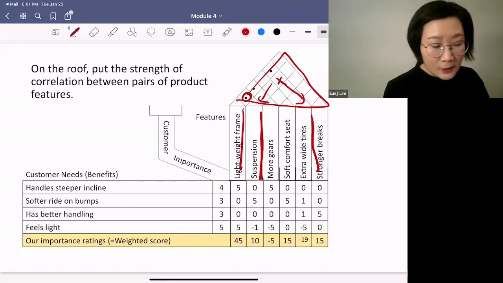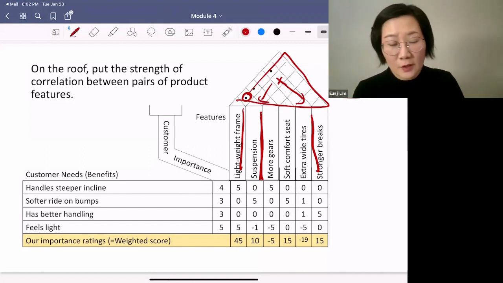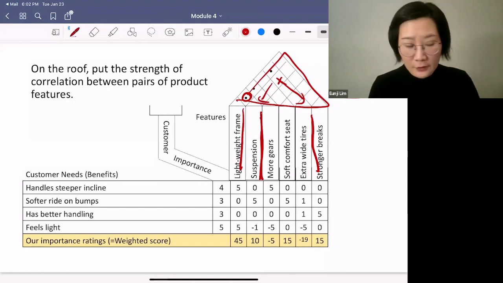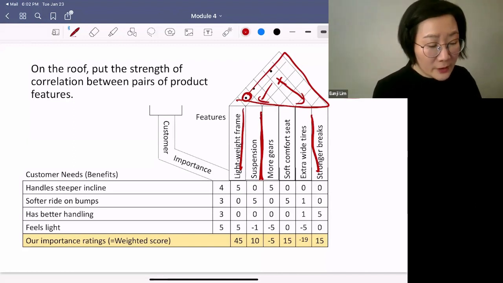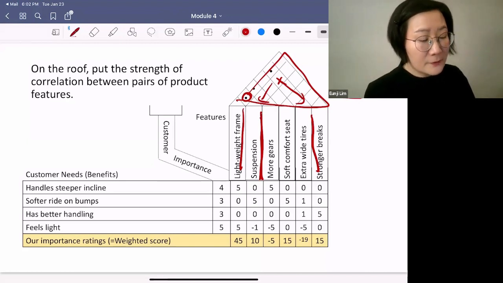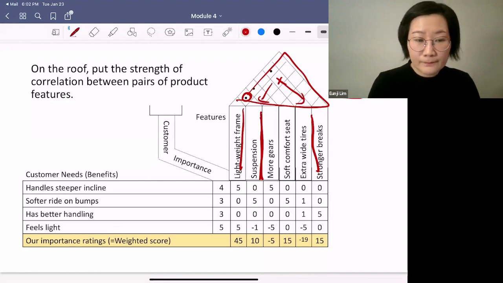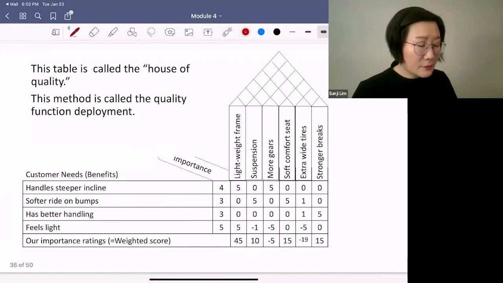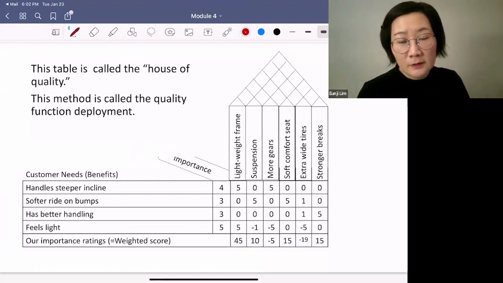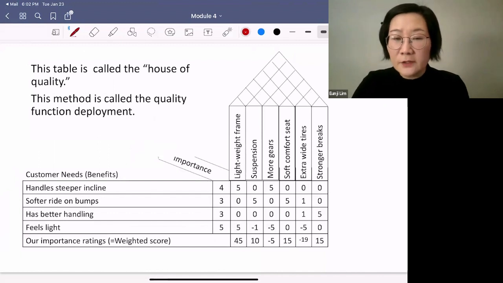And for each blank, we're going to put a star, a circle, or a blank circle, and that indicates the relationship between the two features. So a star means strong relationship, a circle means medium relationship, a blank circle means weak relationship. Now this table is called the House of Quality, and this method is called quality function deployment.